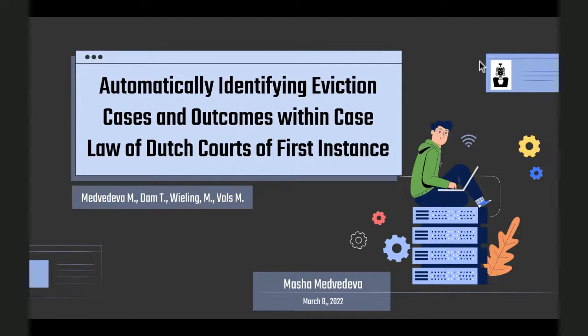Okay. So basically, what I was saying is that I know Michel Voss for a long time. And for a long time, since I'm working in predictive court decisions, we were discussing whether we could do something with predictive eviction cases.